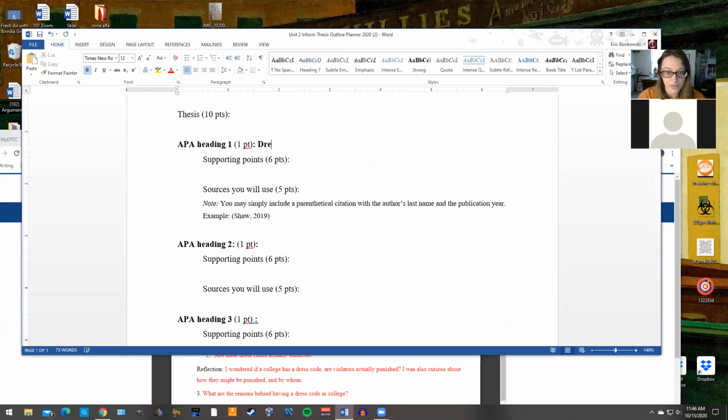So I'm going to turn that question, because you don't want to leave it as a question, into a section. I'm trying to think of the best way to phrase it. Even just call it dress codes in higher education.